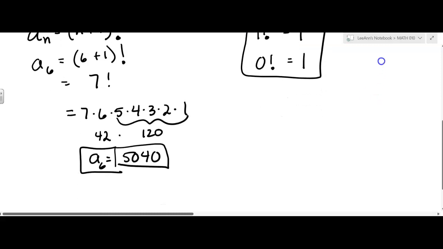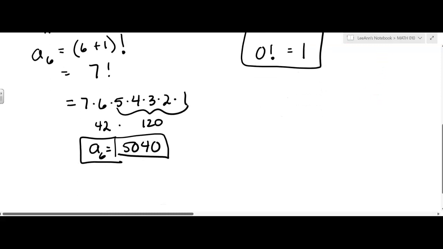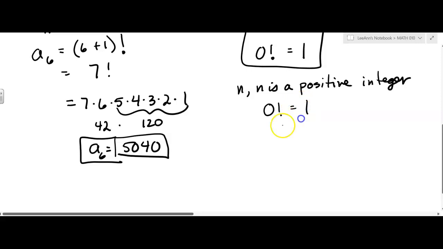Okay, so now I'm going to give you kind of an abbreviated formal definition here. So we have n, and n is a positive integer. And we say the definition is, first, 0 factorial, which isn't even a positive integer, but 0 factorial is equal to 1. 1 factorial is equal to 1.